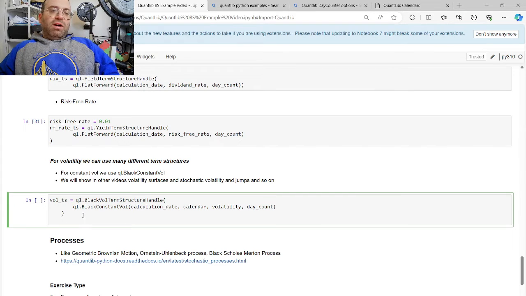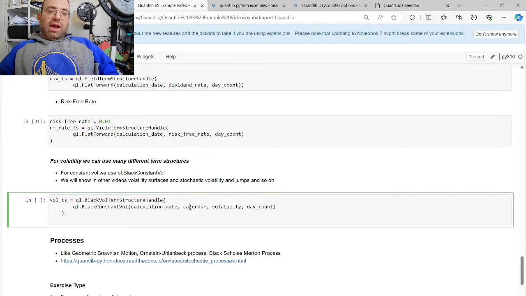But for now we're just going to use QL.BlackVolTermStructureHandle. That's the general thing for volatility. And here is where you'd write a surface or whatever. But just for constant volatility, like in Black-Scholes, you do QL.BlackConstantVol, calculation date, calendar, volatility, day count.